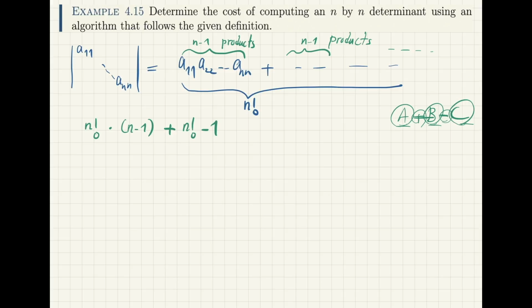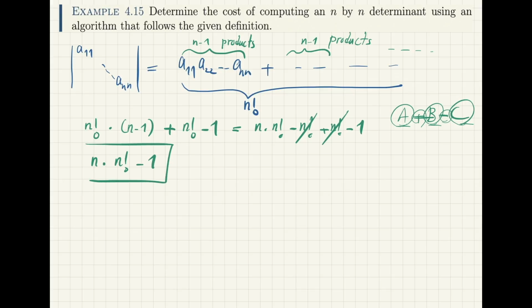If I simplify this a little bit, I multiply this inside, so this becomes n times n factorial minus n factorial. Then I will have n factorial minus 1. This n factorial and this one are gone, so the total cost is n times n factorial minus 1, and that's a huge number. So you know that factorial even dominates exponentials.